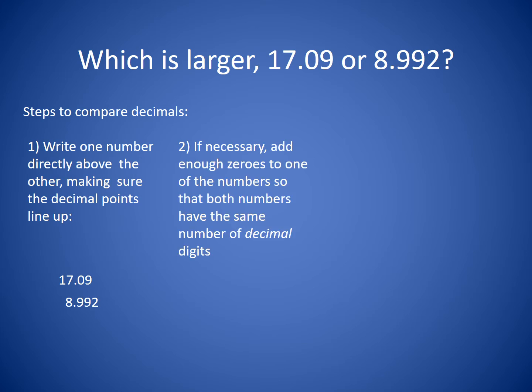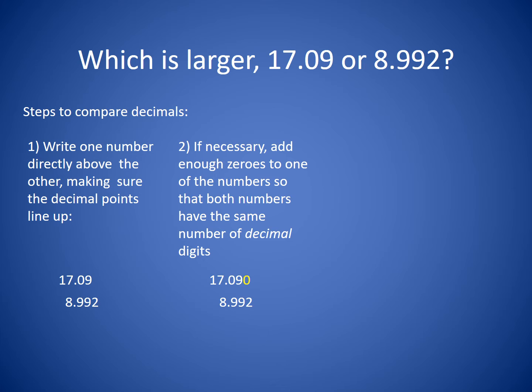Second step, I'm looking at the number of decimal digits. In the first number, 17.09, it has 2 decimal digits, the 09. The 8.992 has 3 decimal digits. So I'm going to have to add a 0 to the 17.09, and now both numbers have 3 decimal digits.